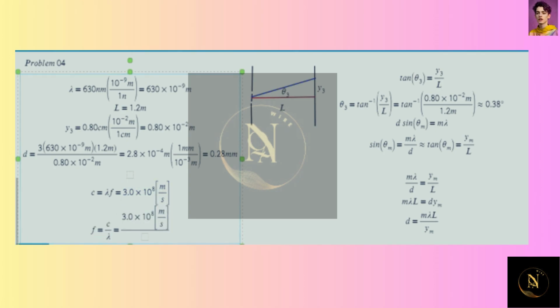And let's go ahead and divide by lambda. And when we put this into the calculator, we get approximately 4.8 times 10 to the 14. And then for our units, meters cancels with meters, we're left with inverse seconds, which is hertz. Okay, that completes the problem.